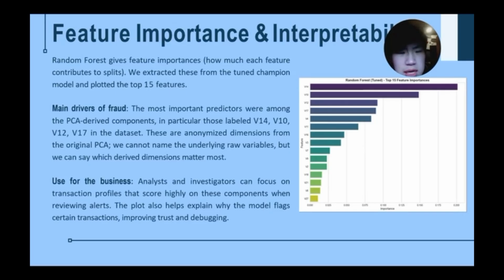Although these components are anonymized and cannot be directly interpreted, their importance indicates that latent transaction patterns captured by PCA are highly predictive of fraud. From a business perspective, feature importance improves model transparency and helps analysts focus on high-risk transaction profiles, supporting more efficient investigation and greater trust in the model's decisions.